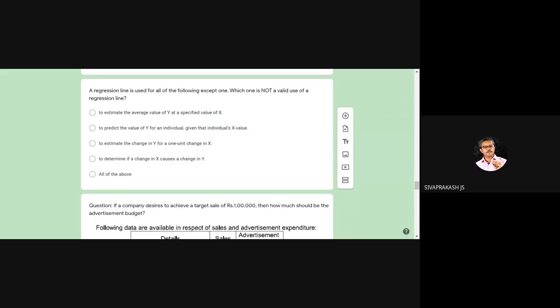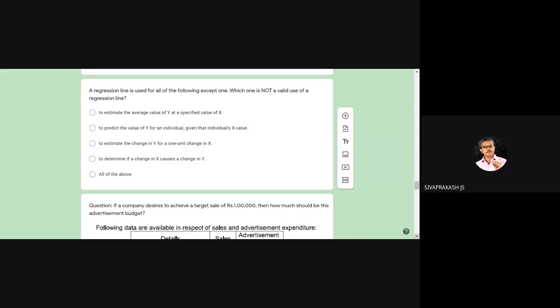To determine causation: to estimate the average value of y, to predict the value of y for an individual given that individual's x value, and to estimate the change in y for a 1 unit change in x.